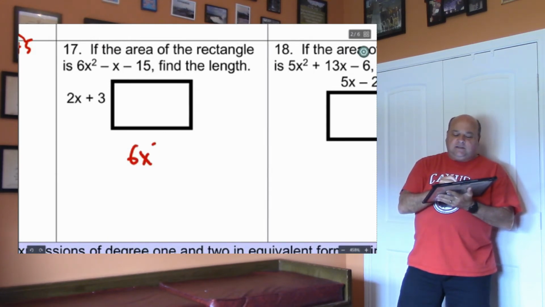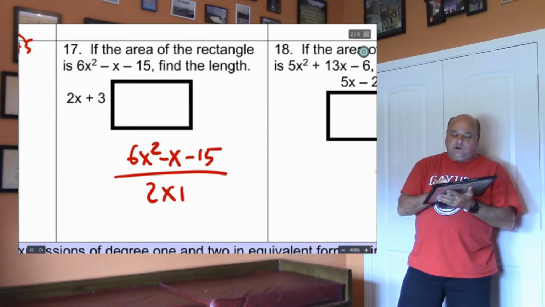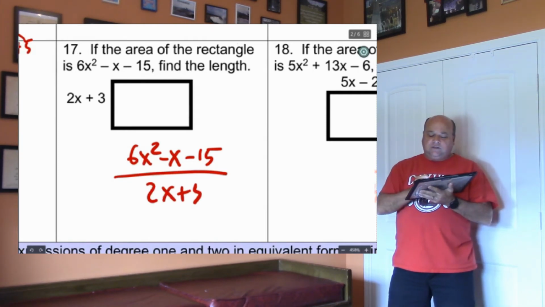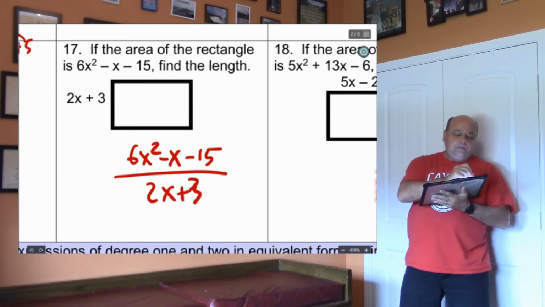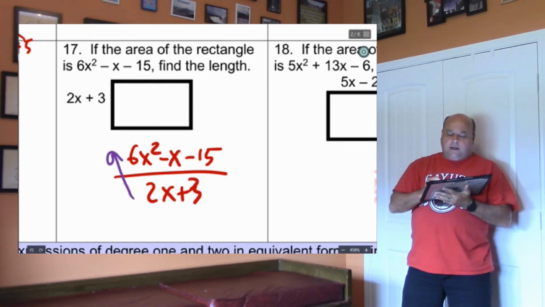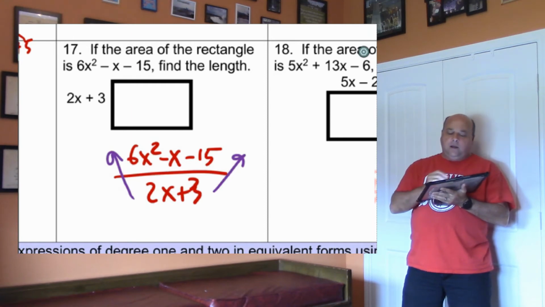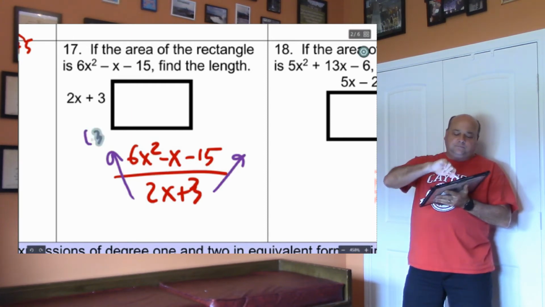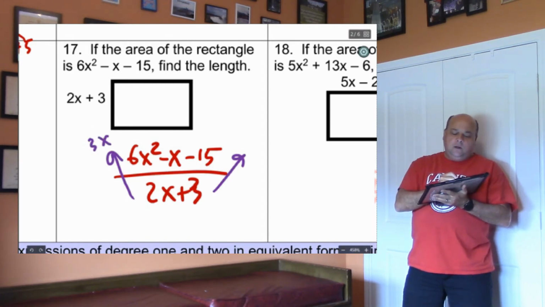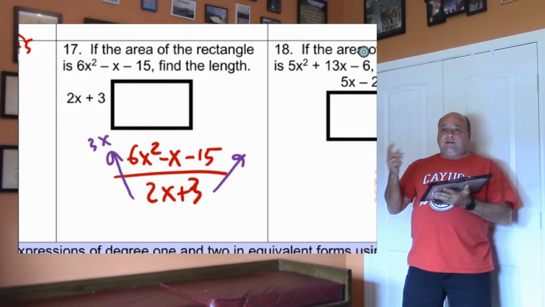I'm going to do one of these next ones for you. You need to get 6x squared minus x minus 15 and divide it by 2x plus 3. You're going to do the same thing on the other one, okay? Now then, go this way and this way. 2x times what is 6x squared? It's 3x, right? 3 times what is negative 15?